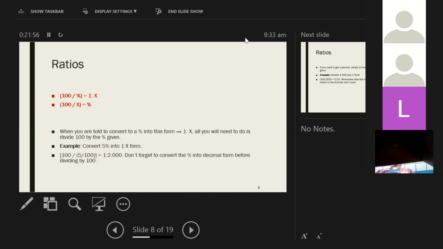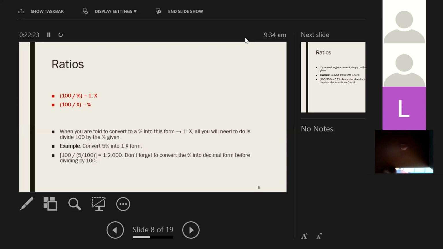Then you put the 100 over 1, because 100 over 1 is 100. You still include your divide sign, and then you say divided by 20 over 100. It's still the same thing, still 100 divided by 20%.